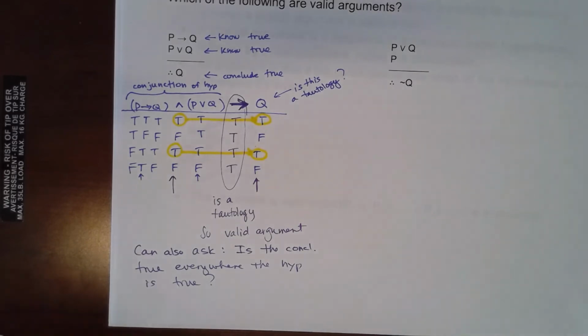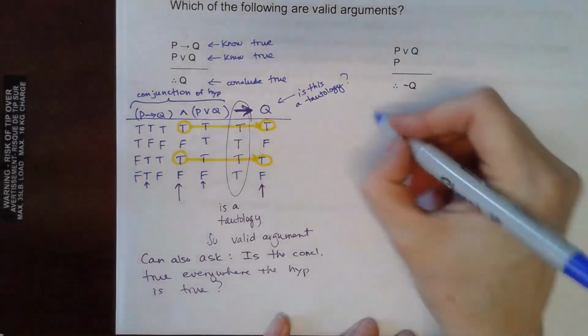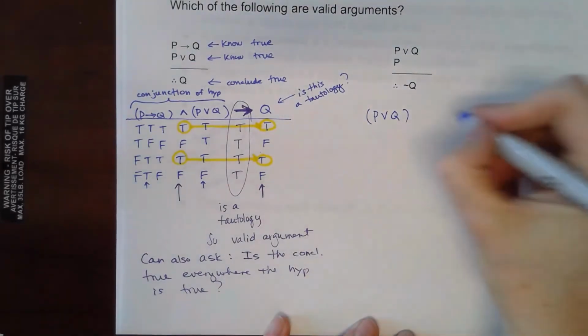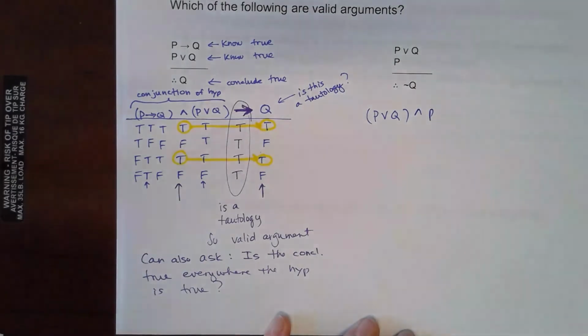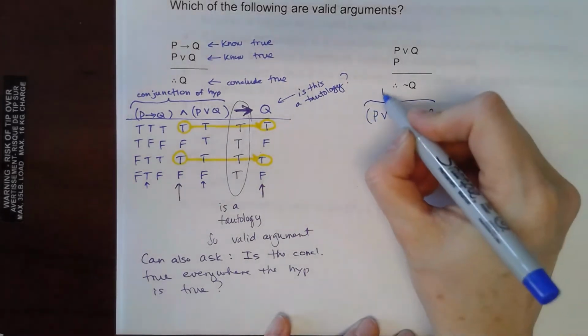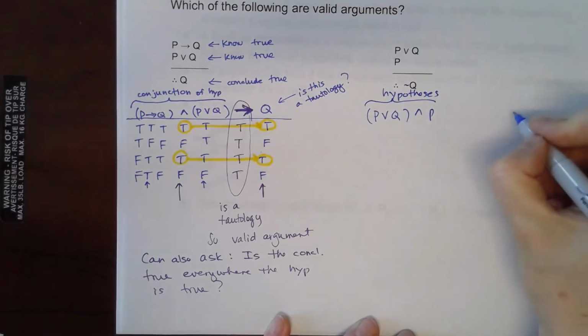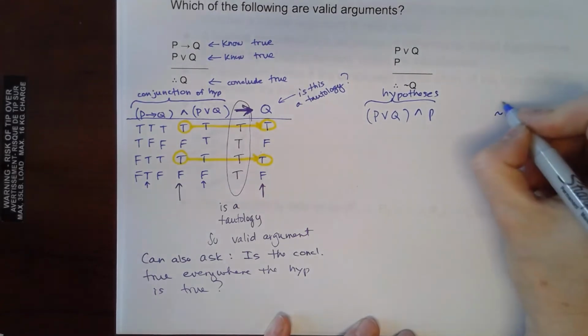So we've got two hypotheses. We've got P or Q, and we've got P. We've got to do the conjunction of the hypotheses. Okay. And so these are the hypotheses. And over here, we're going to look at not Q, and this is the conclusion.